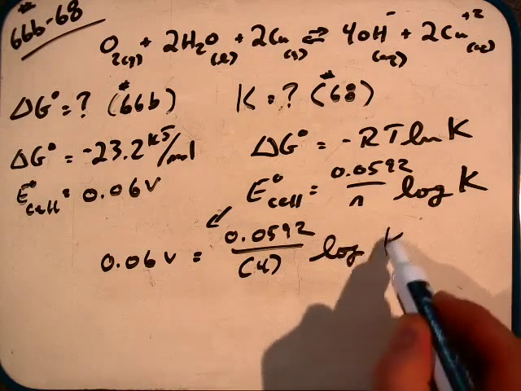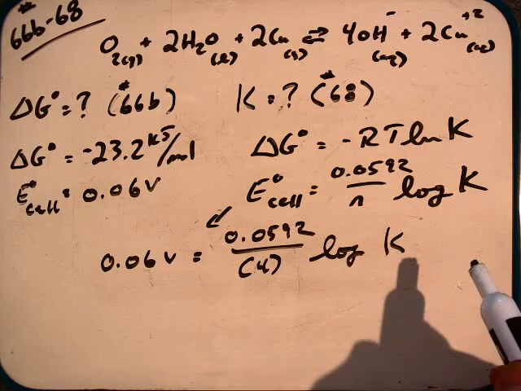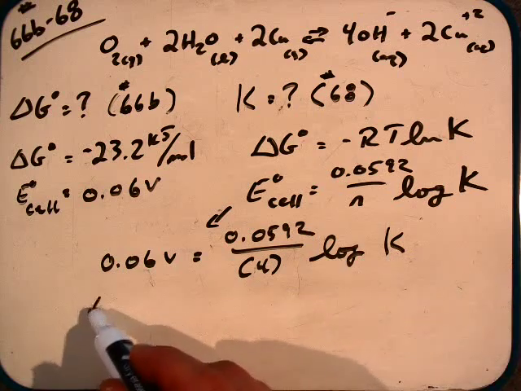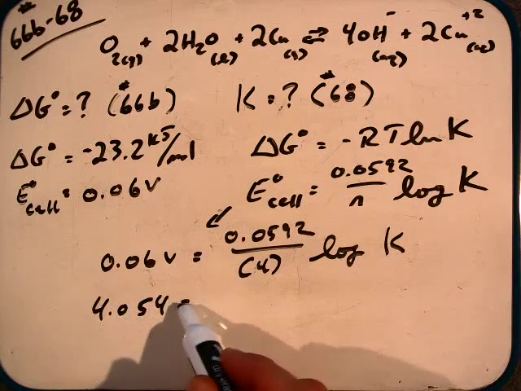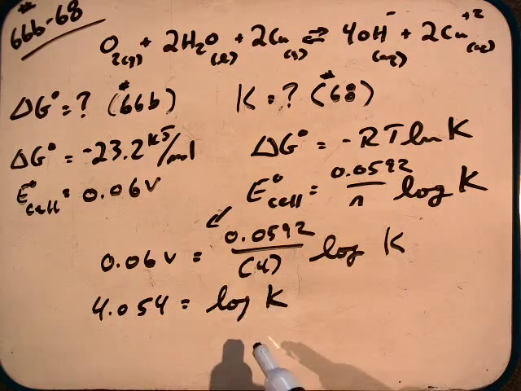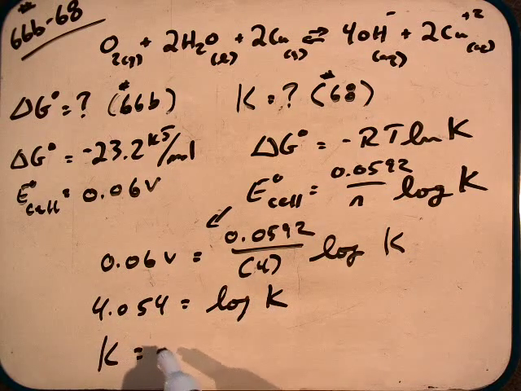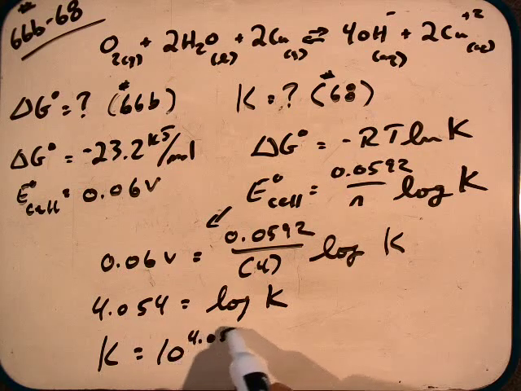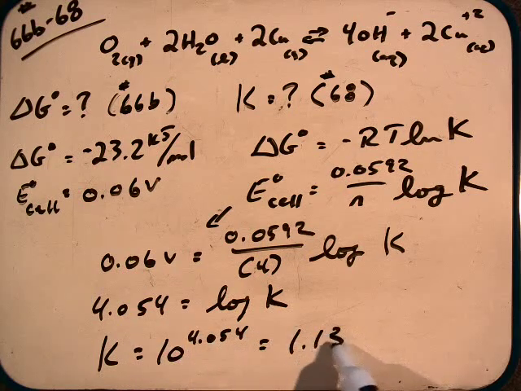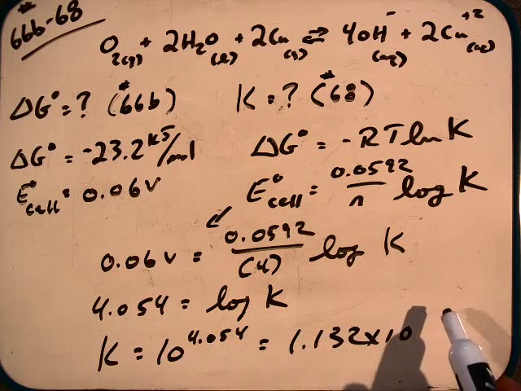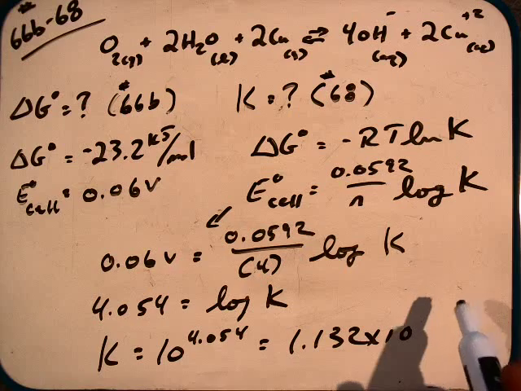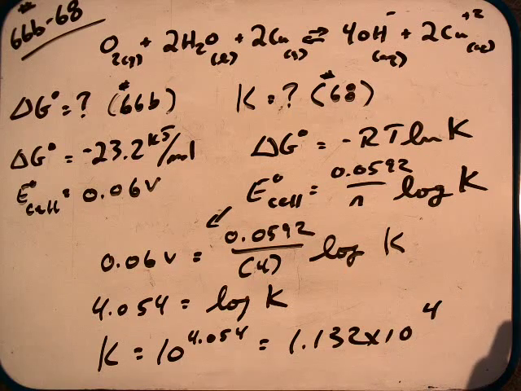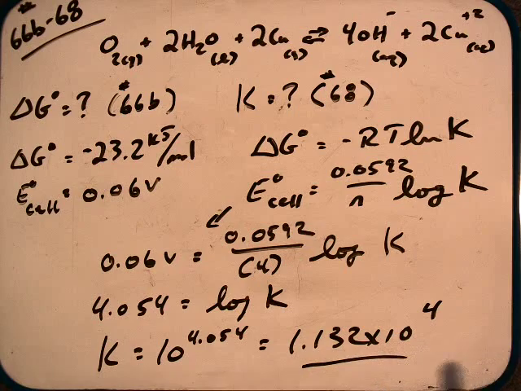And then we're trying to solve for that equilibrium constant, K. If we do some rearranging, we should get 4.054 is equal to log of K. K then would be equal to 10 to the 4.054, or 1.132 times 10 to the 4th. And so that is our equilibrium constant, and that is the answer to number 68, which again uses some of the information that we found in 66B, which is why I included them together.